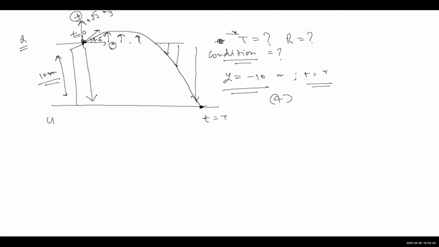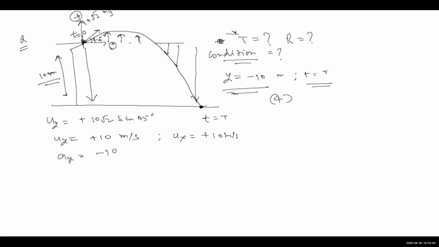So the value of uy, initial velocity along the y-axis, is plus 10 root 2 sine 45, which is plus 10. Ay is minus 10. Ux is plus 10.